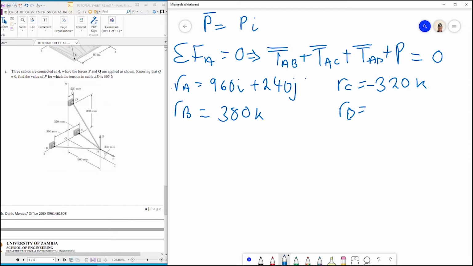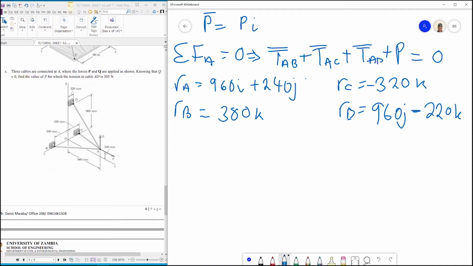is equal to, there's a 220 there in the Z. In the X it looks like it's 0, so nothing in the X, but in the Y we have 960, so 960j plus minus 220k, because it's in there.